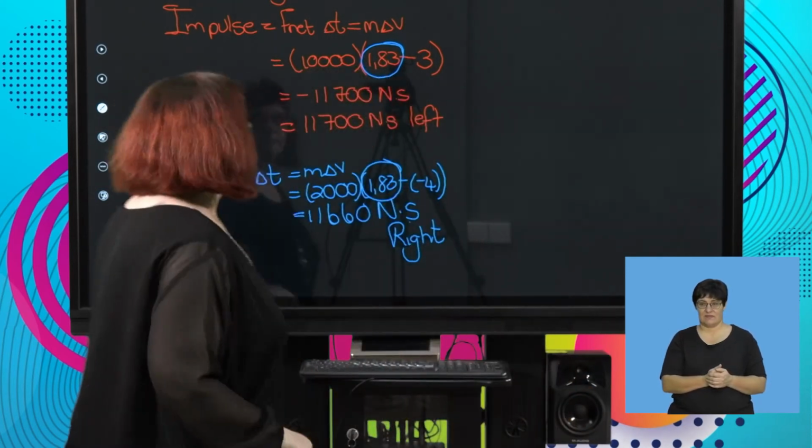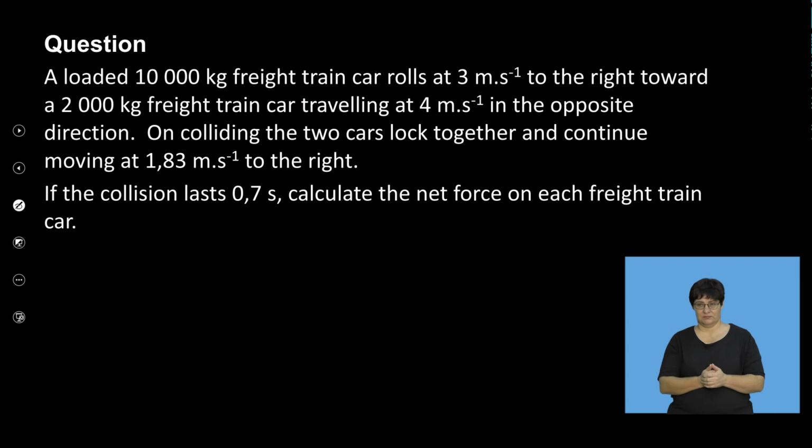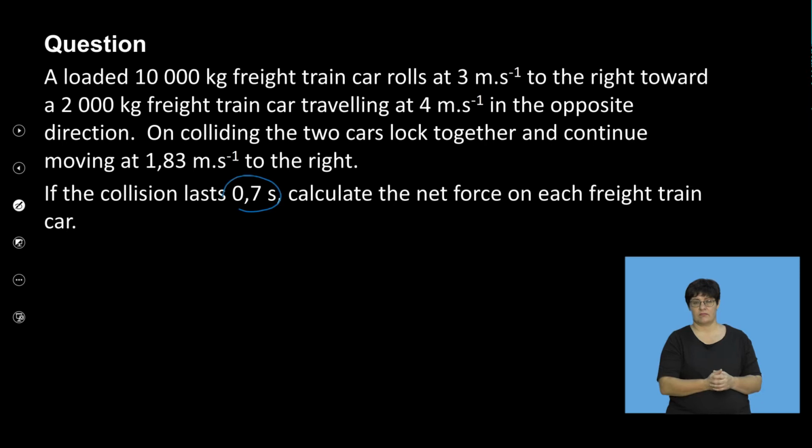Okay? So, next question. If the collision lasts 0.7 seconds, calculate the net force. There we go. So we want net force on each freight train. If we look at the 10,000, we're going to start with this one.